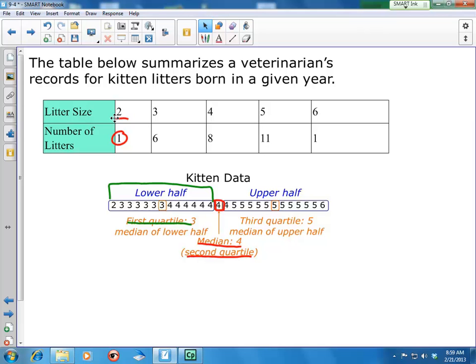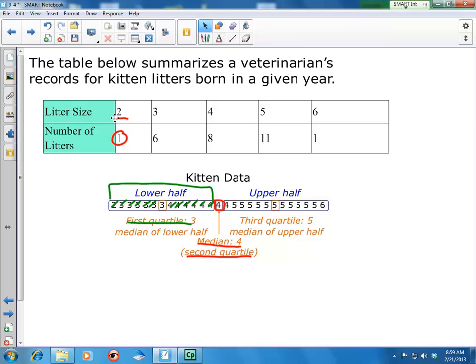Then we're going to find the median of that lower half of numbers, the middle number in that lower half of numbers, which is how we got 3, because we could cross these off to find the median just like we did yesterday, in which case we end up with 3. Now that 3 would be called our first quartile or our lower quartile.